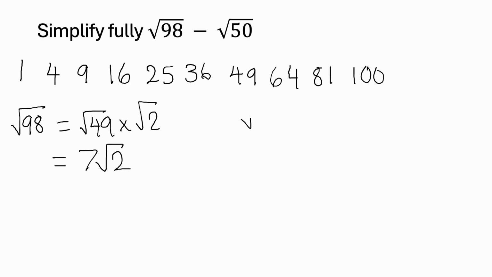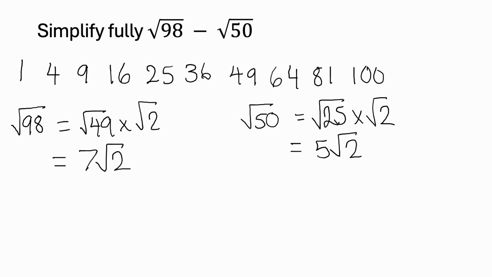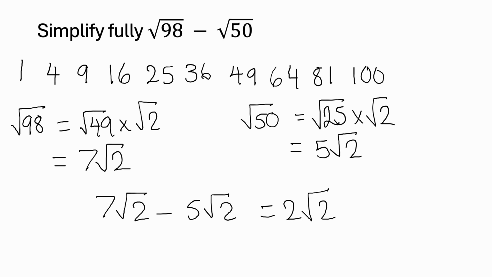Square root of 50, yeah. 50 is in the 25 times table, so it's the same thing as square root of 25 times square root of 2, which is 5 root 2. So now we're doing 7 root 2 subtract 5 root 2, which gives us 2 root 2. Beautiful.